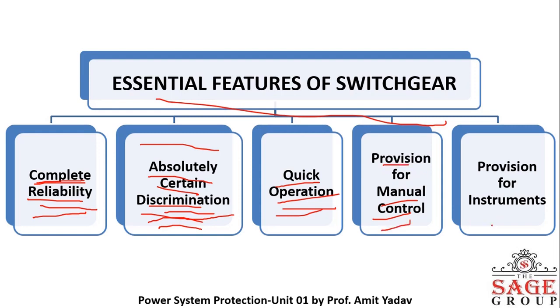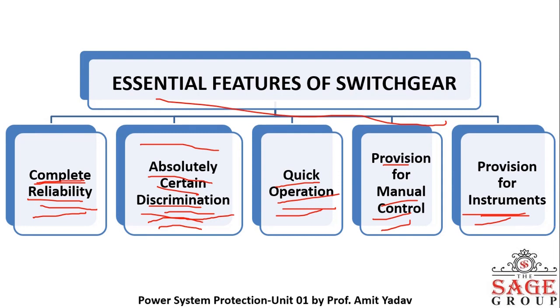And the last feature of switchgear is provision for instruments. In switchgears there may be inbuilt ammeters or voltmeters for measuring current and voltage, but due to continuous use, these measuring instruments may give incorrect values or get damaged.